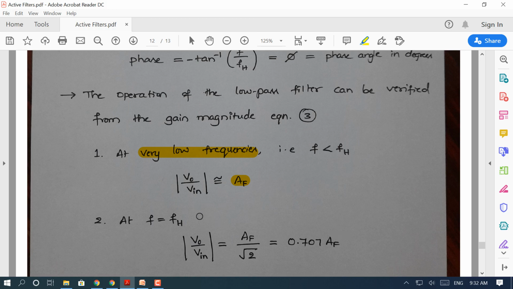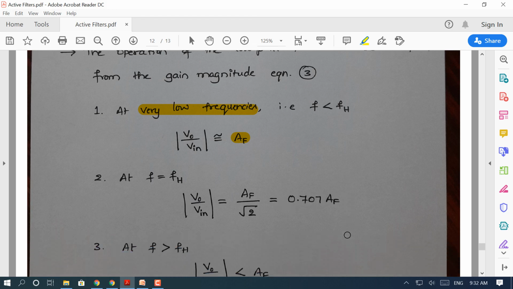That means when the applied signal frequency f is equal to fh, the gain drops to 0.707 times AF. This is what we have seen from the frequency response also. We are cross verifying the frequency response from our gain magnitude equation.